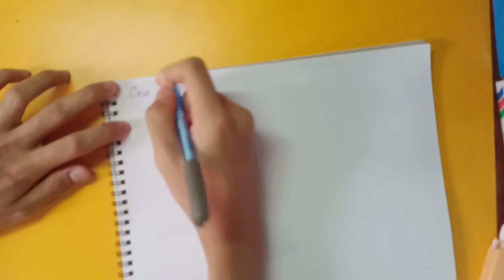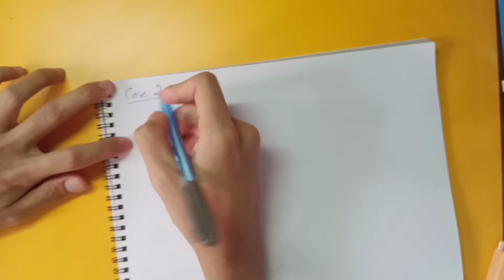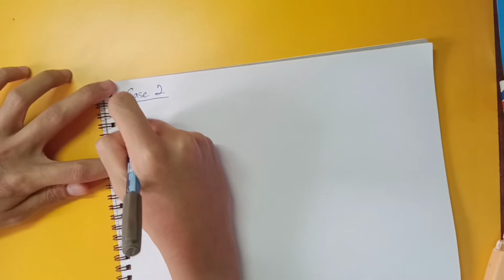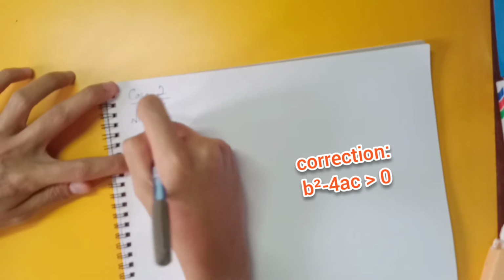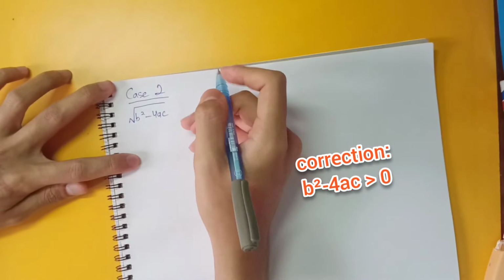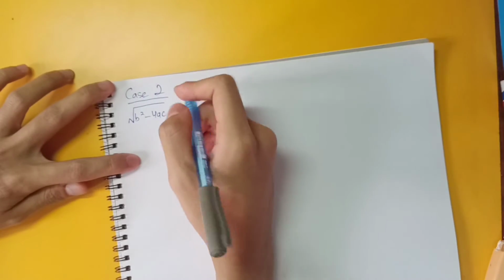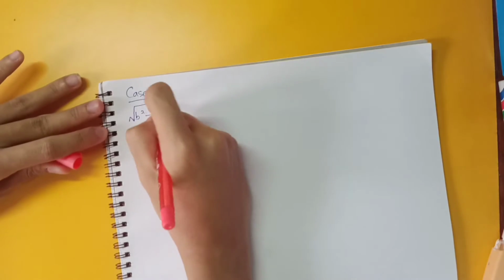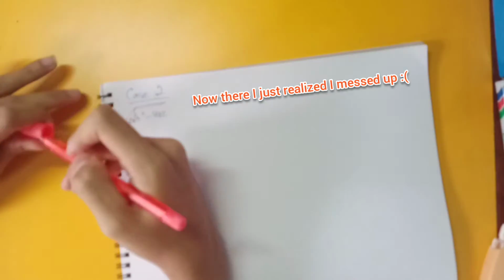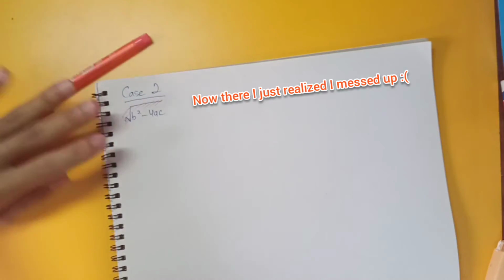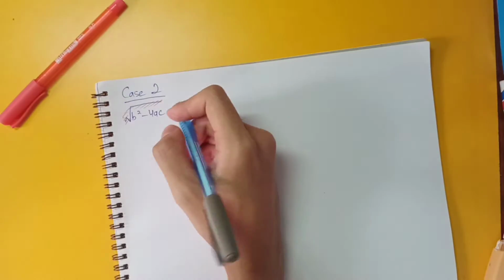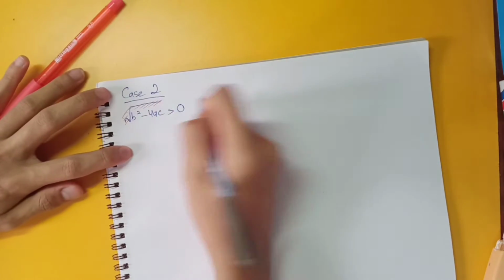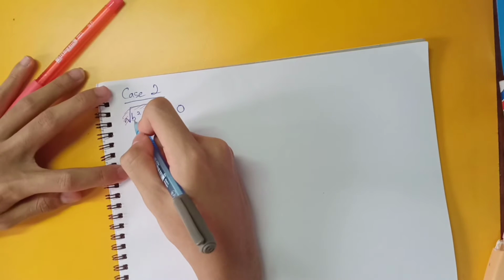Case 2. It is said that the square root of b square minus 4ac, not square root actually. What did I do? We just look inside of this. b square minus 4ac is more than 0. Now I will do some multiplication and substitution here.